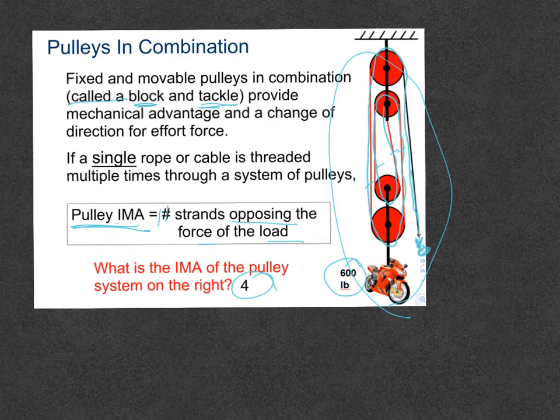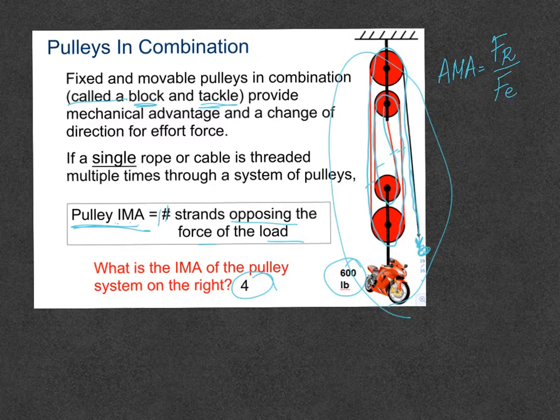I'm not going to introduce a new equation. By the way, you already know this equation because you were working with it during all the classes. The actual mechanical advantage is the resistance force over the effort force.